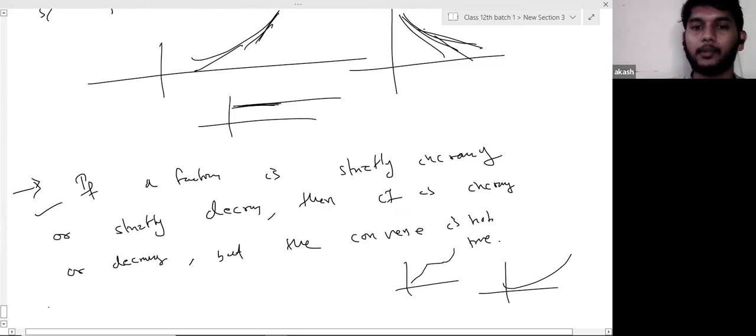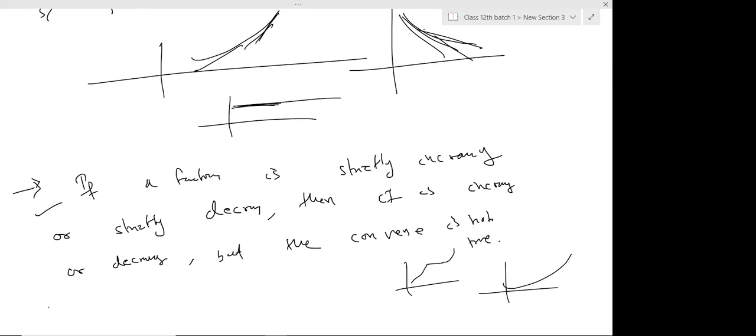So please remember these small points, note it down. Done, sir.